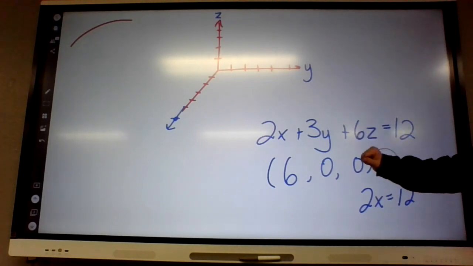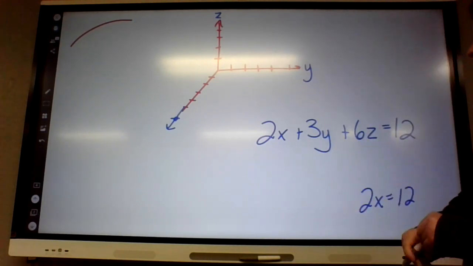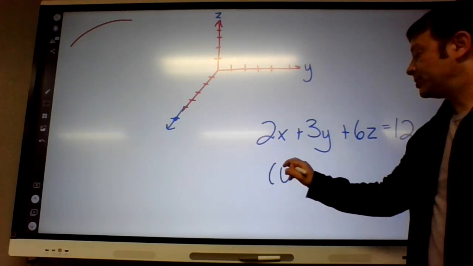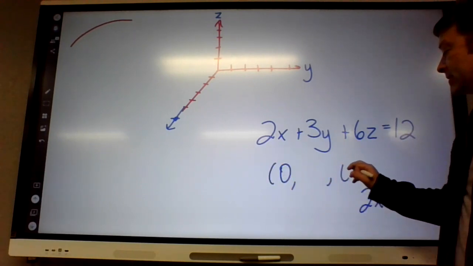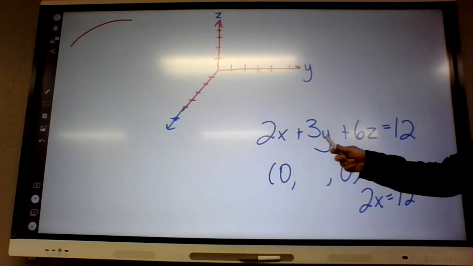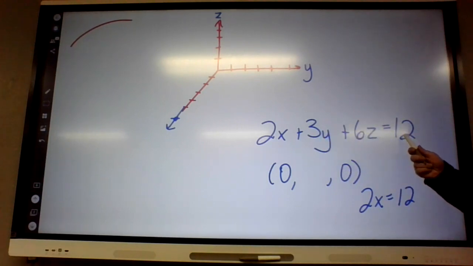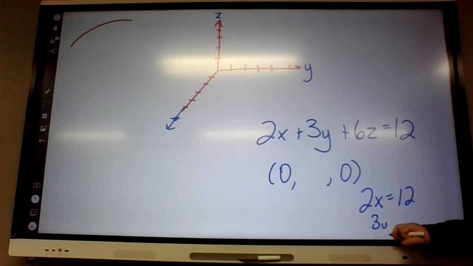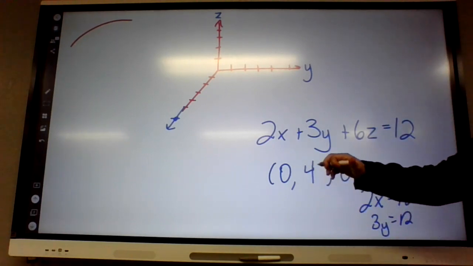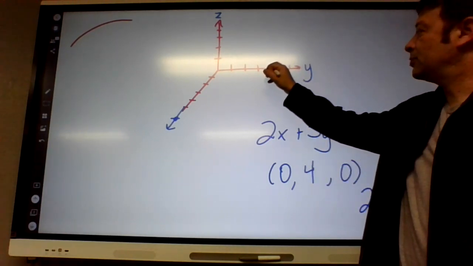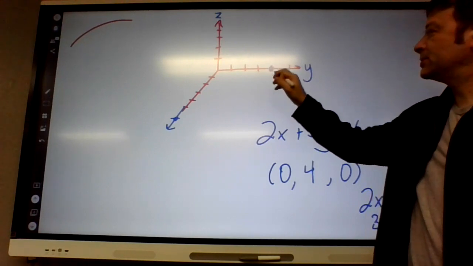Okay, and then you just do the same thing with the y and the z. So if I put in 0 for x and z, and I have 3y equals 12, therefore y is 4. So I'm going to put a 4 on the y-axis.